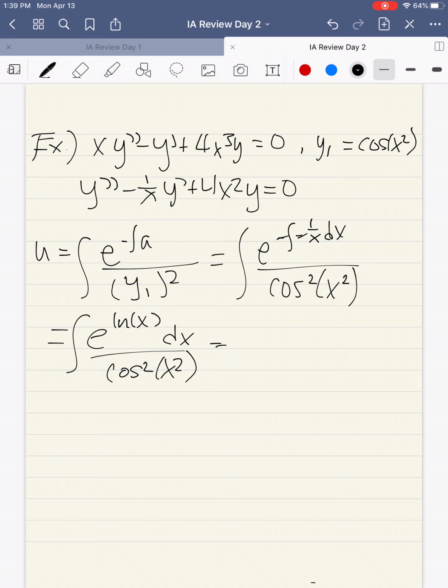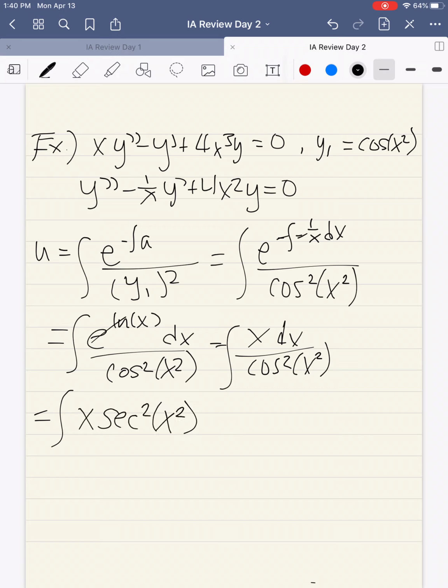And so the e and the natural log are going to cancel out, and we're just left with x dx over cosine squared of x squared. And then this cosine here in the denominator, I'm going to rewrite as secant. So since this is 1 over cosine, I can rewrite this as the integral of x secant squared of x squared dx.